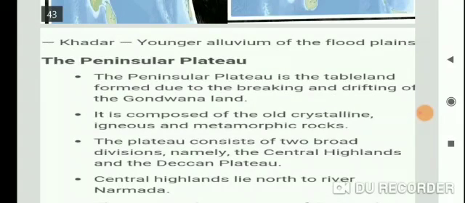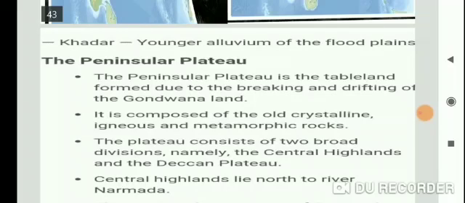And the last topic, the peninsular plateau. The peninsular plateau is the tableland formed due to the breaking and drifting of Gondwana land. Its main importance is that this is the tableland composed of old crystalline, igneous and metamorphic rock.